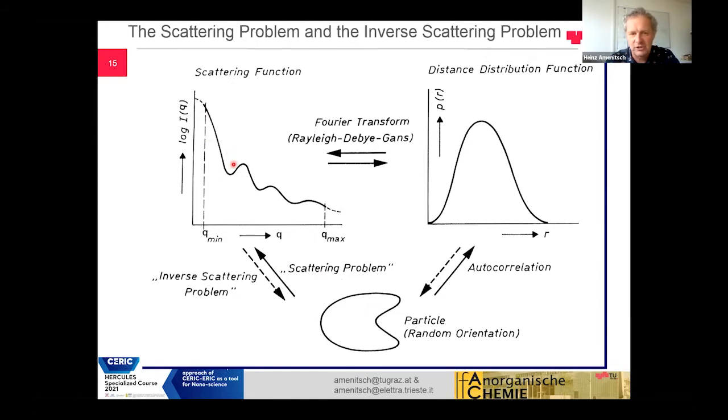And this is actually what you measure. You measure the scattering pattern between Qmin and Qmax. So you have a limited Q range, and you want to try to solve the inverse scattering problem: learn from the scattering function about the particle shape.